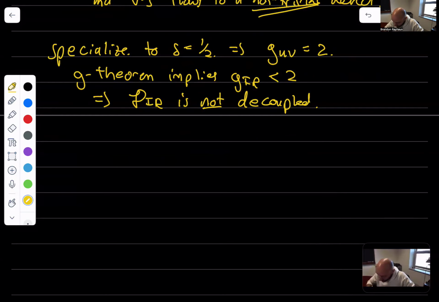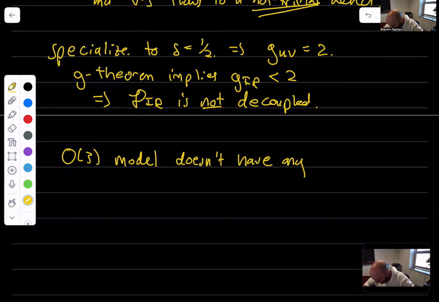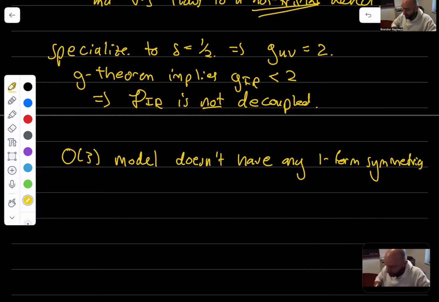But furthermore, the O3 model doesn't have any one-form symmetries. I assert this confidently, but I should more carefully say that it's not known to have any one-form symmetries, and it's highly likely that it doesn't have any.